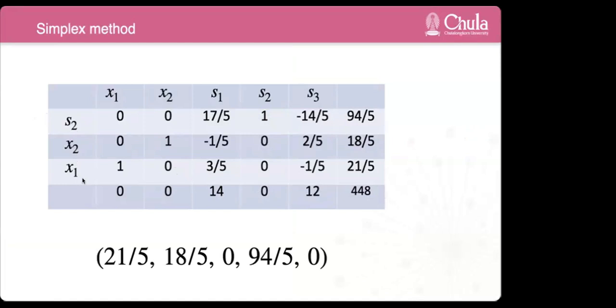So you see X1 is 21 over 5. X2 is 18 over 5. S1 is 0. S2 is 94 over 5. S3 is 0. S1 and S3 are non-basic variables. Of course, they must be 0.